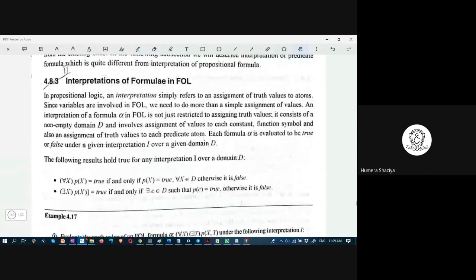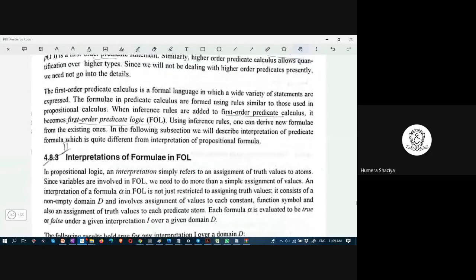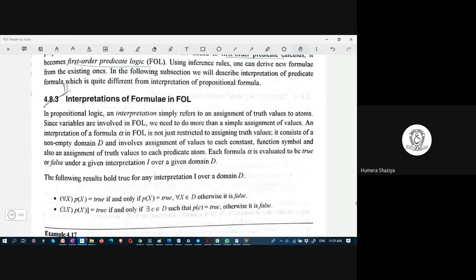An interpretation of a formula in FOL, first order logic. First order predicate logic is also called first order logic, FOL. In propositional logic, interpretation implies assignment of truth values to atoms. Variables are involved in FOL.